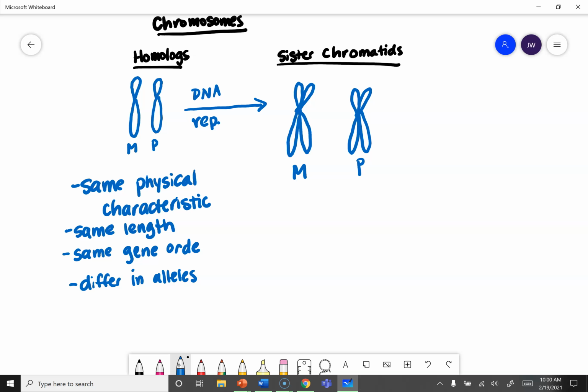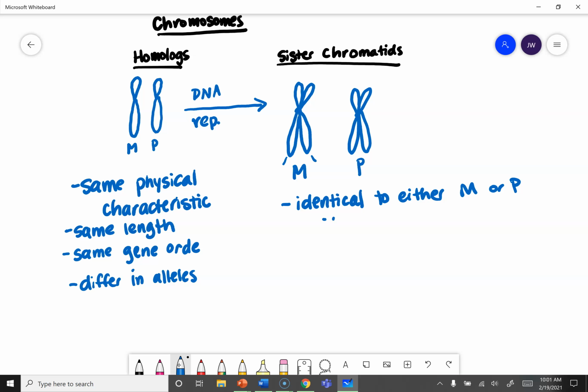Now, this is so they can stay together, so they can stay organized for cell division. So these sister chromatids are identical to either the maternal or paternal chromosome that they were copied from. So essentially, they should be 100% identical copies. So mom's chromosome, chromatid number 1, should be exactly the same as chromatid number 2.